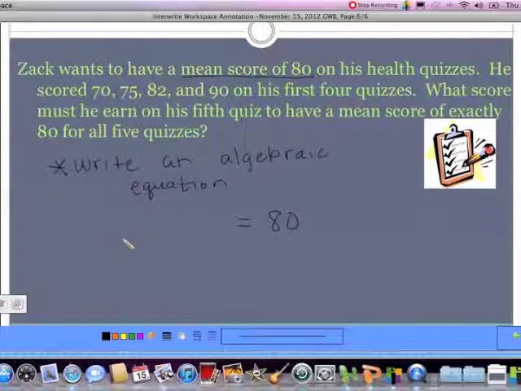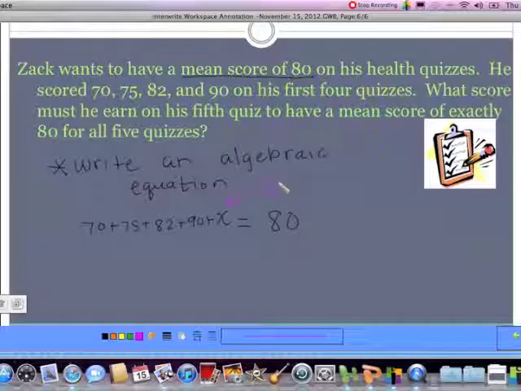If we were going to calculate the mean, we would add up all his quizzes. So on his first quiz, he got a 70. On his second quiz, he got a 75. On his third quiz, an 82. On his fourth quiz, a 90. And we are trying to find, what does he have to get on this 5th quiz?